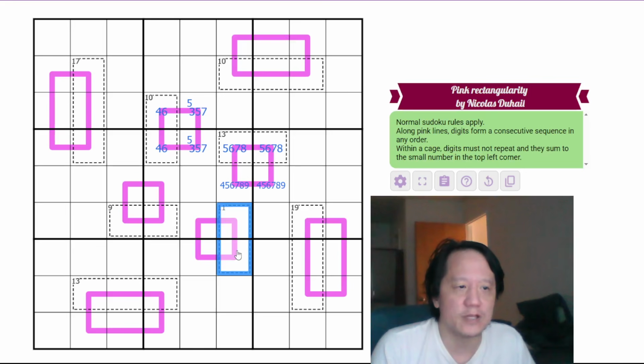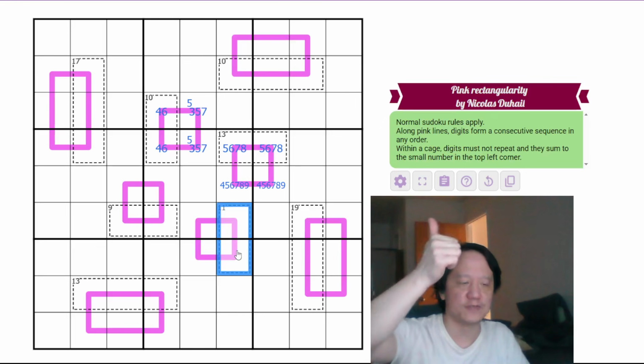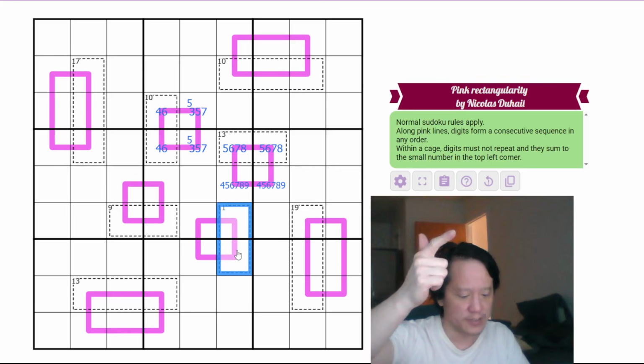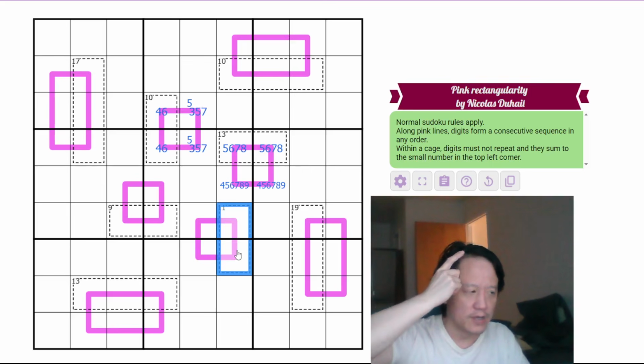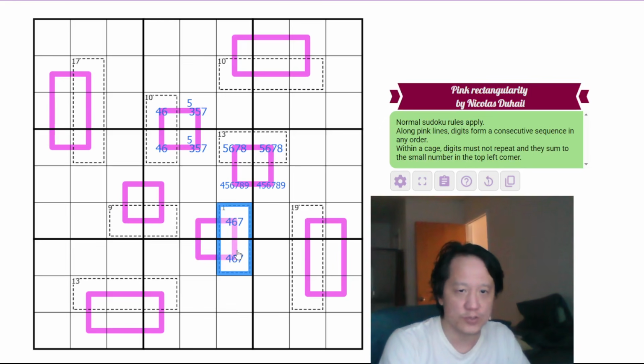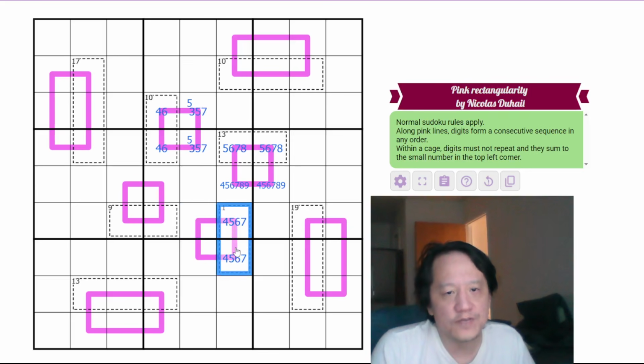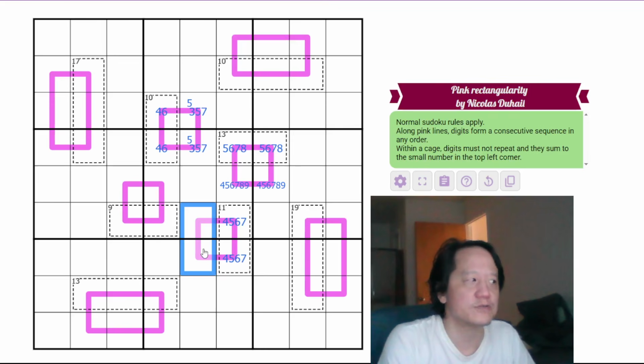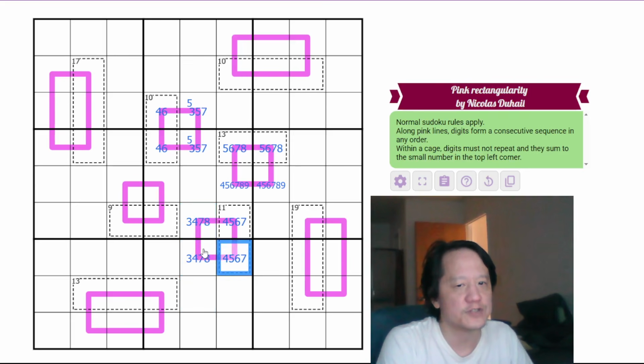To add up to 11, 2, 9 has a difference of 7, 3, 8 has a difference of 5, 4, 7 works, and 5, 6 works. So this is 4, 7, or 5, 6. If this is 5, 6, this can be down to 3, 4, or up to 7, 8. And if this is 4, 7, this has to be 5, 6 here.